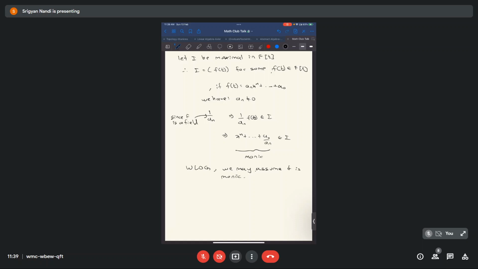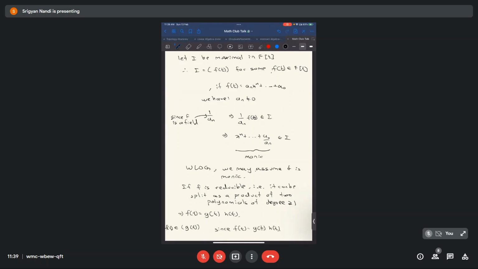Now, if f is reducible, that is, it can be split as a product of two polynomials of degree greater than or equal to 1, which implies f(t) equal to g(t) h(t), then we have that the ideal containing f(t) actually belongs to the ideal containing g(t), since f(t) equal to g(t) h(t).